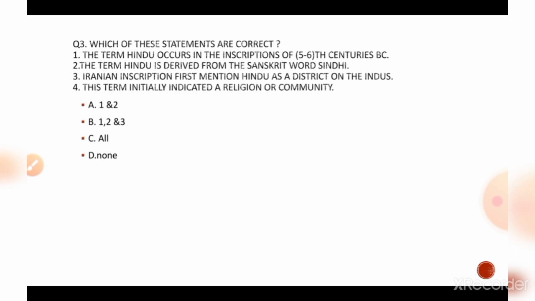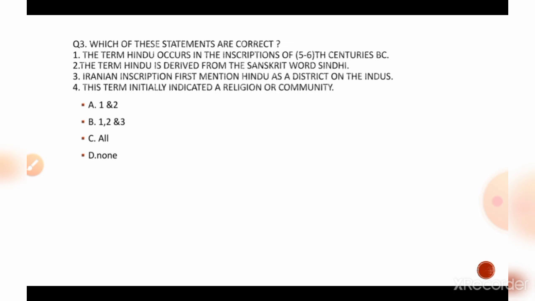And the third one is Iranian inscription first mentioned Hindu as a district on the Indus, because people first settled at the bank of the river Indus, which in Hindi is called Sindhu River. But in Iran, S means H, so they called it with H in place of S and named it Hindu. So the district that came first in Iranian inscriptions is Hindu.